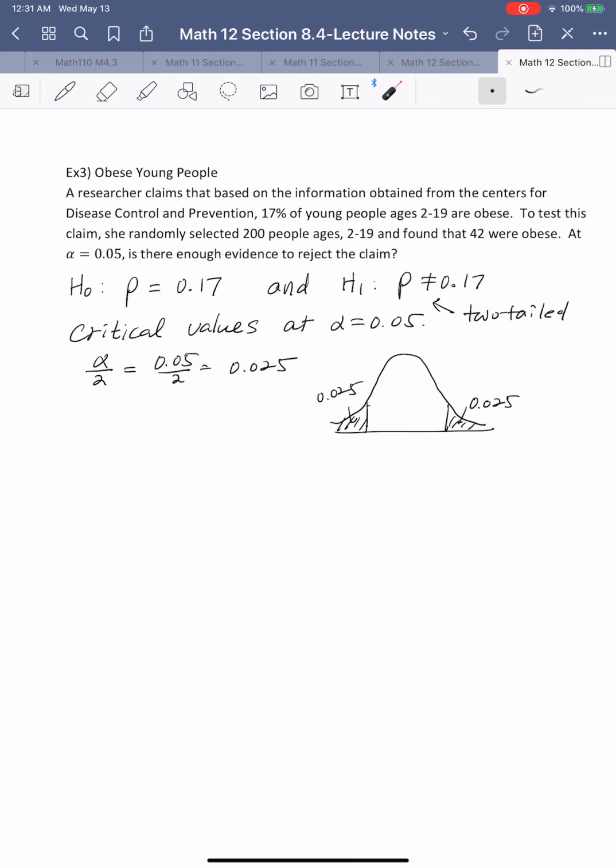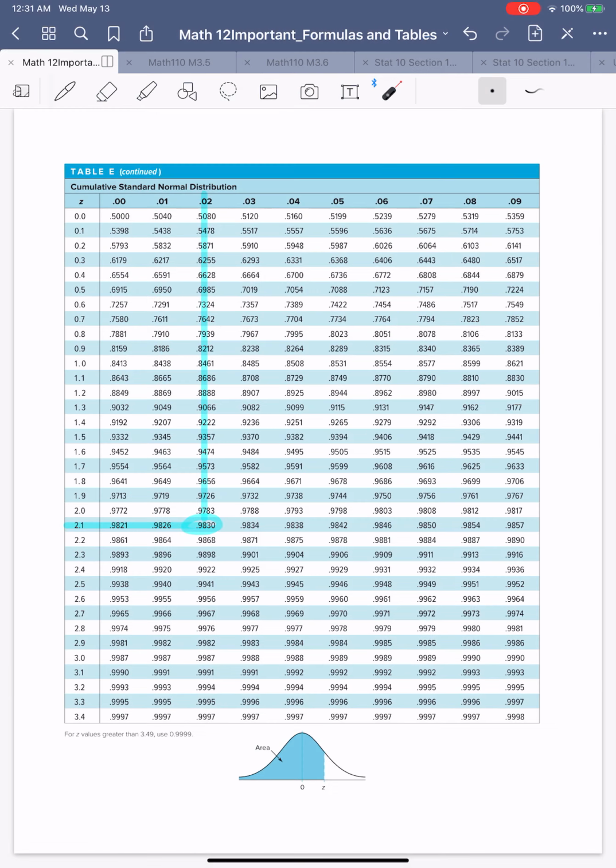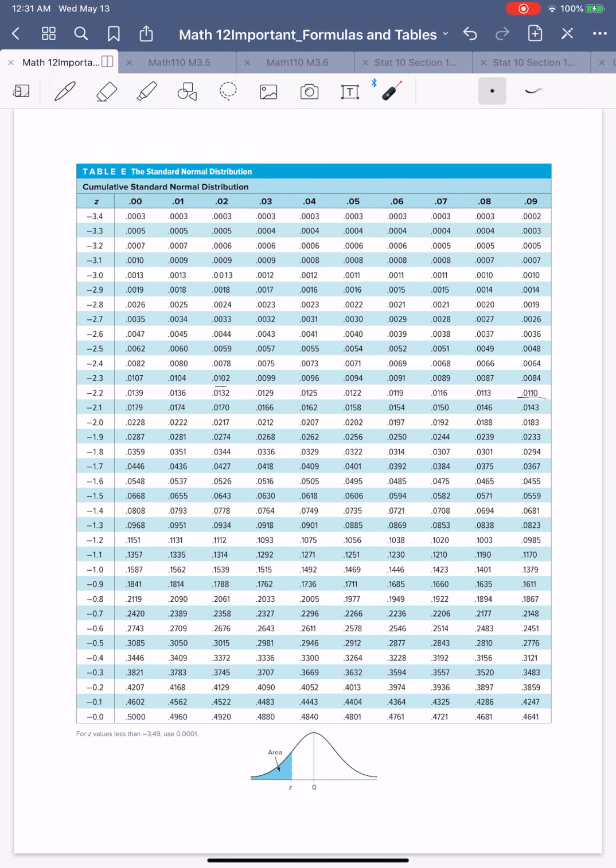So let's go to the table. I need to get closer to 0.025.